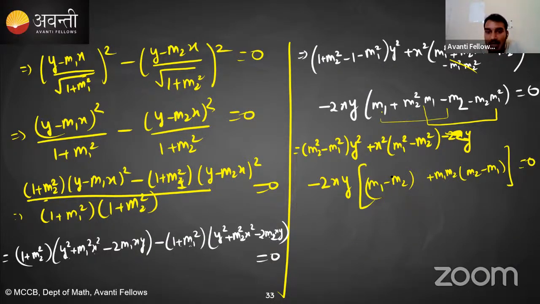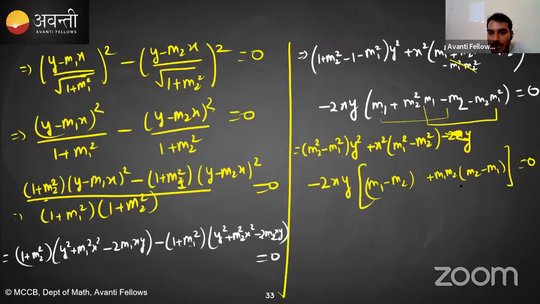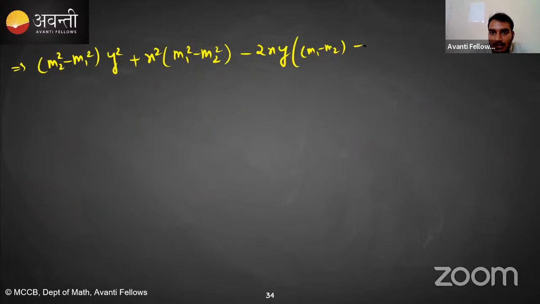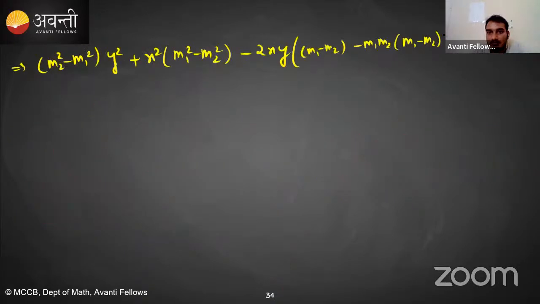What is this? m1 minus m2. If you take minus outside, so minus m1 m2 into (m1 minus m2). Clear? Is this clear or not? Tell me quickly in the chat box, is this clear or not, everyone? Is equal to 0.